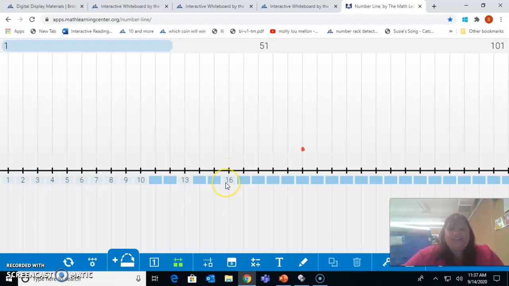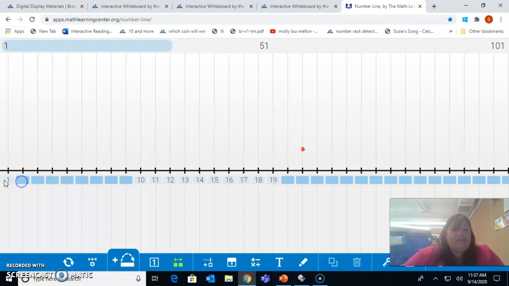If you guessed 16, good job. What about this one? Oops, already did it for you. 19. Okay, so then let's do this one. What do you think this number is? Perfect. Let's turn these all over. And I'm going to hide these again.